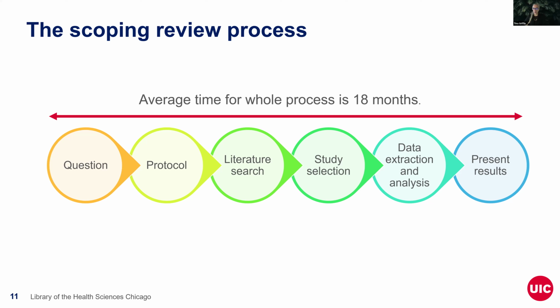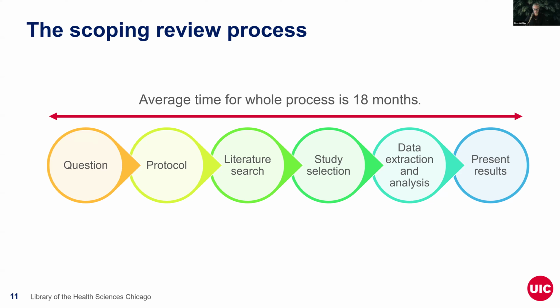Things like clinical practice and your day job get in the way sometimes. Teaching responsibilities, personal life commitments, things like that. So it is not surprising for these things to be over 18 months pretty regularly. This is a common expectation. And like systematic reviews, scoping reviews should be done as a team.